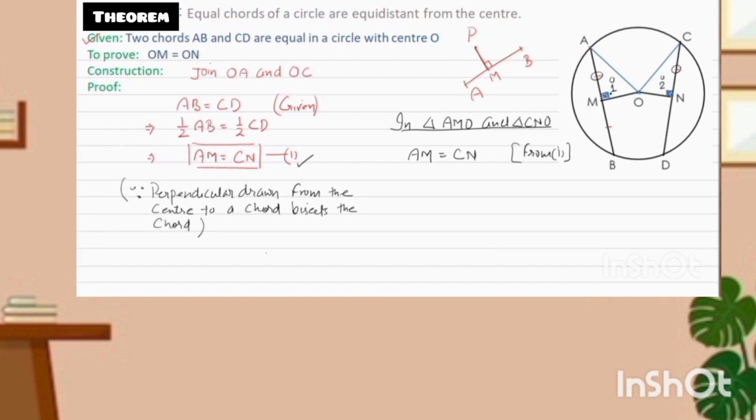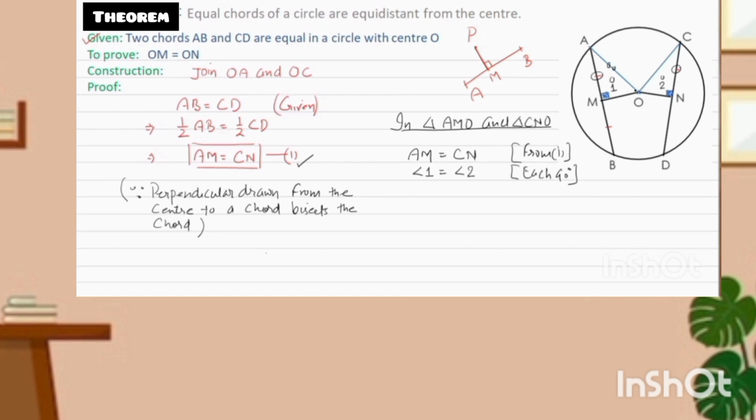Yes, in triangles 1 and 2, we know that OM and ON are perpendiculars, isn't it? So perpendicular means their angle will be 90 degrees. So angle 1 and angle 2 are equal because they are 90 degree perpendiculars. Okay. Are there any other parts which are congruent or equal here?